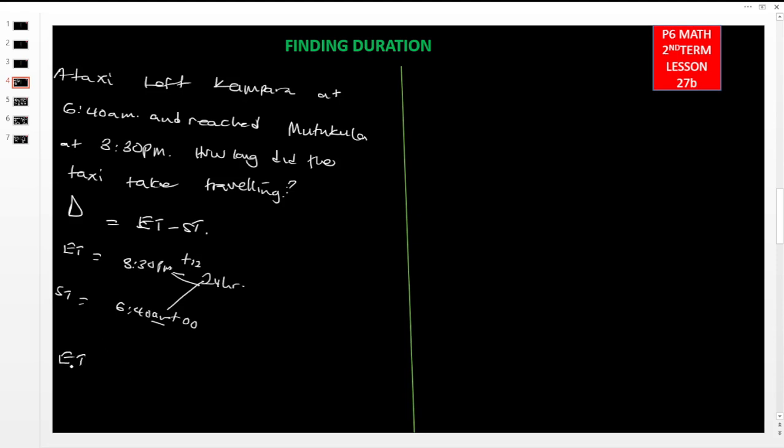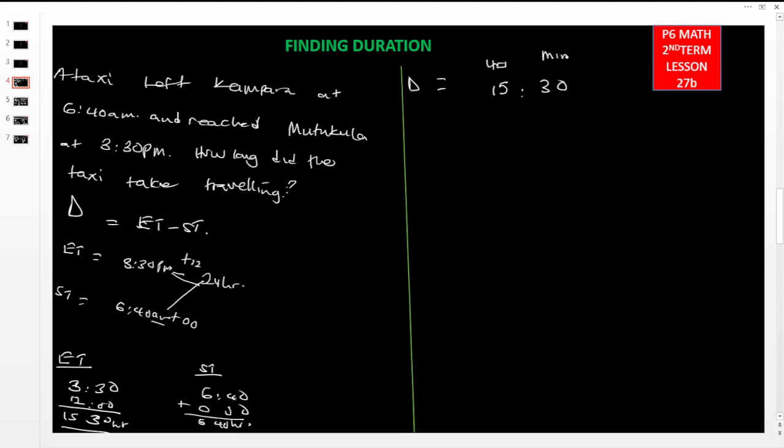Now what are we going to have? Let us get the ending time here, which is 3:30 add there 12:00, which is going to give us 15:30 hours. Now let us convert the starting time also, which is 6:40. You add there 00, we remain with 6:40 hours. Now let us get our duration, which is 15:30 hours, meaning that we are having hours and minutes, then take away 6:40 hours.